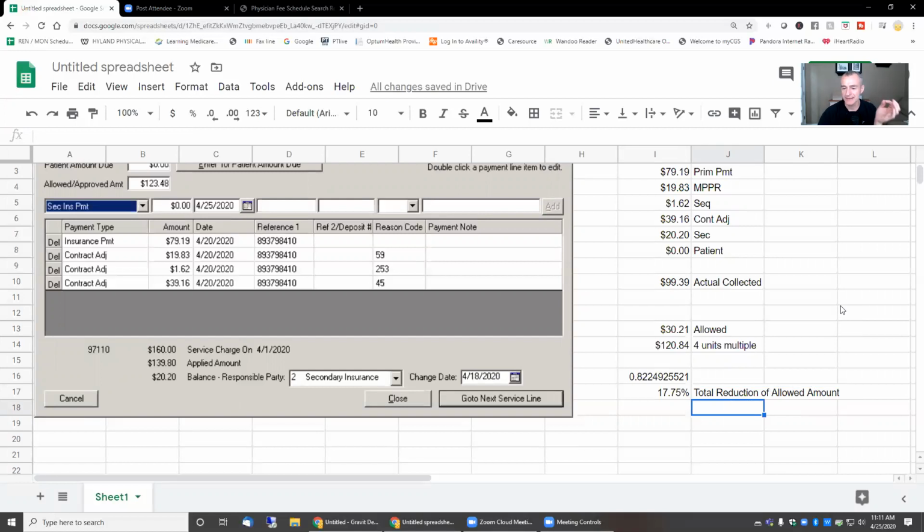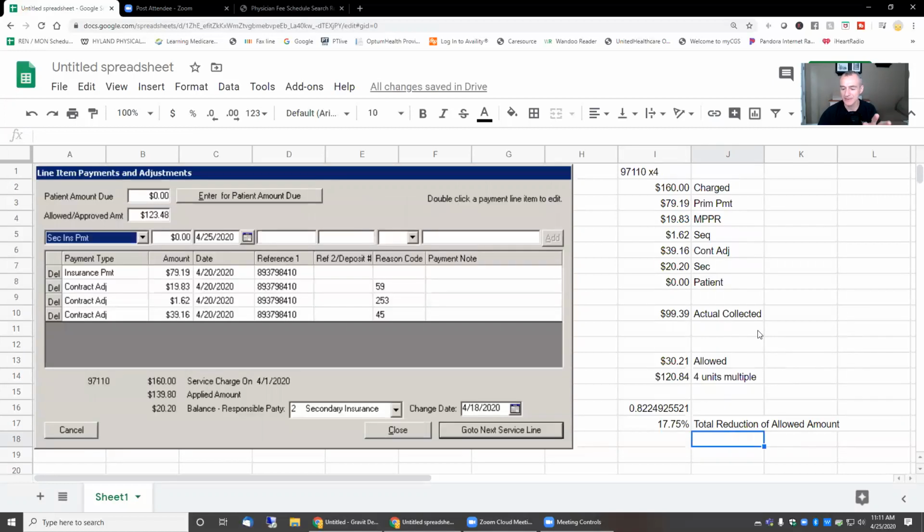Now, here is some different billing scenarios. Let's say, for example, and we don't really have it here, we know based on these numbers, we should have collected, let's take a look at this, the full allowed amount minus sequestration for the first unit of therapeutic exercise, right?